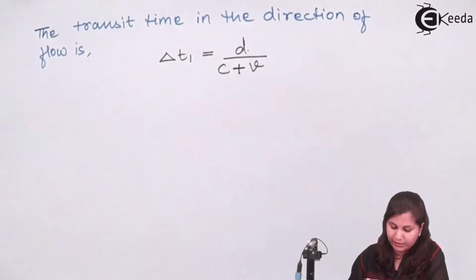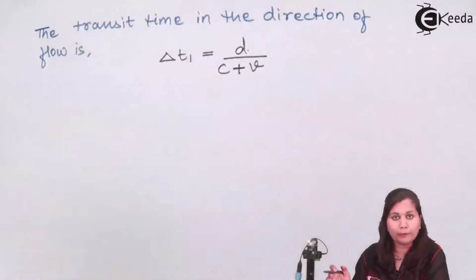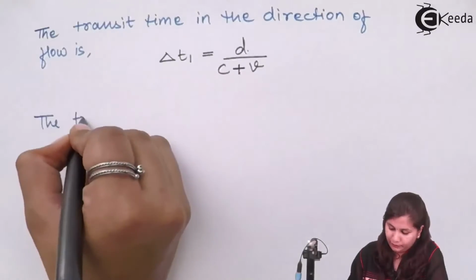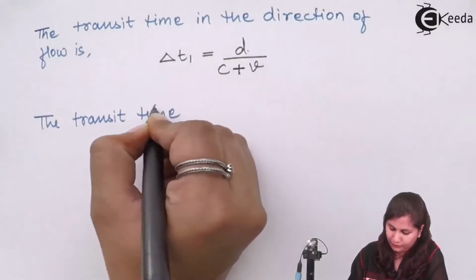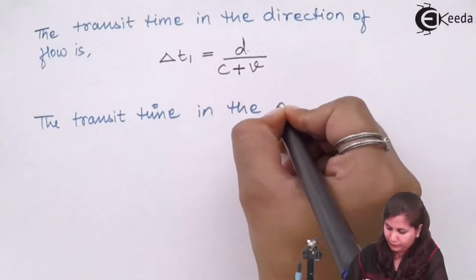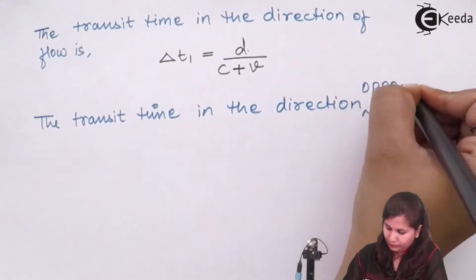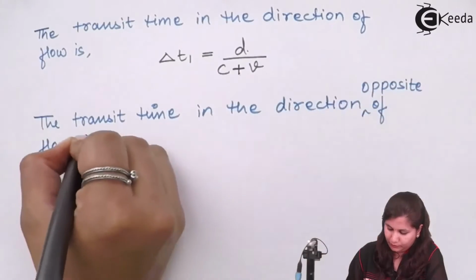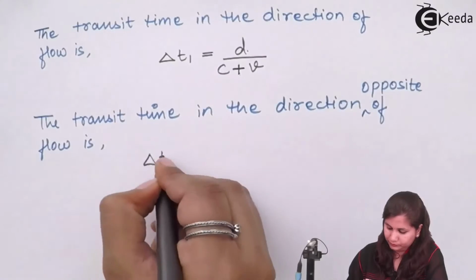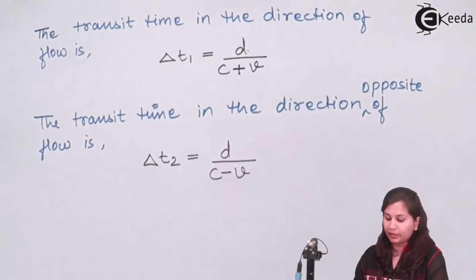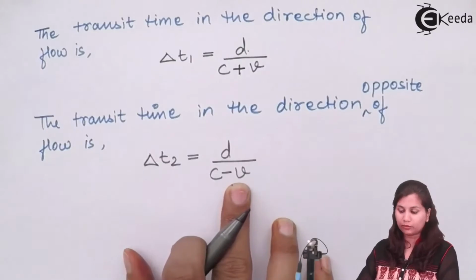Okay, now the transit time in the direction opposite to the direction of flow is del T2 equals D upon C minus V. Here the velocity will be minus, okay.